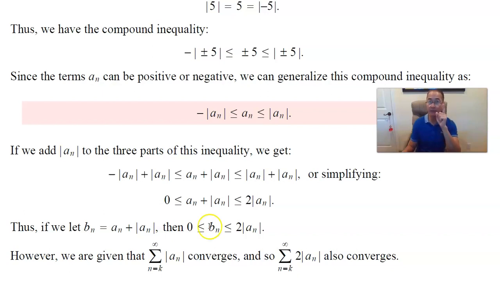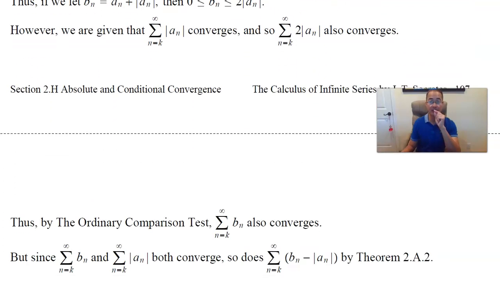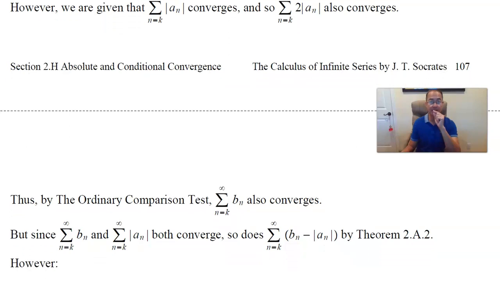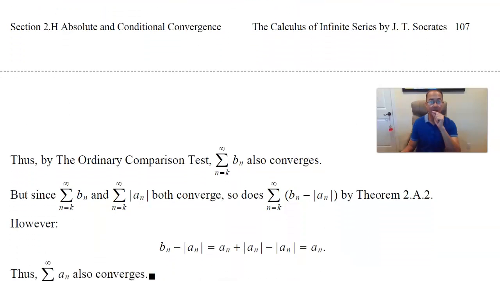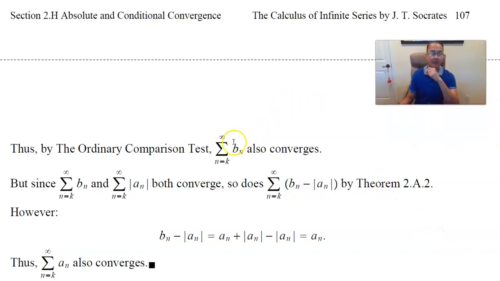We couldn't do that to the original a sub n because a sub n could be negative. The ordinary comparison test requires our terms always to be non-negative. Therefore, by the ordinary comparison test, the series b sub n also converges.